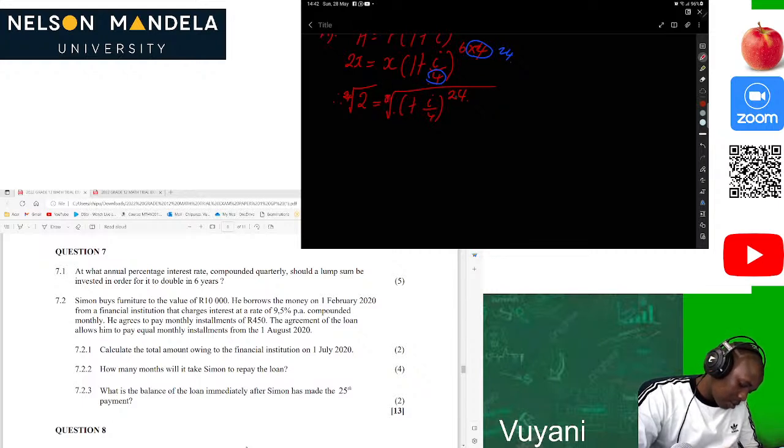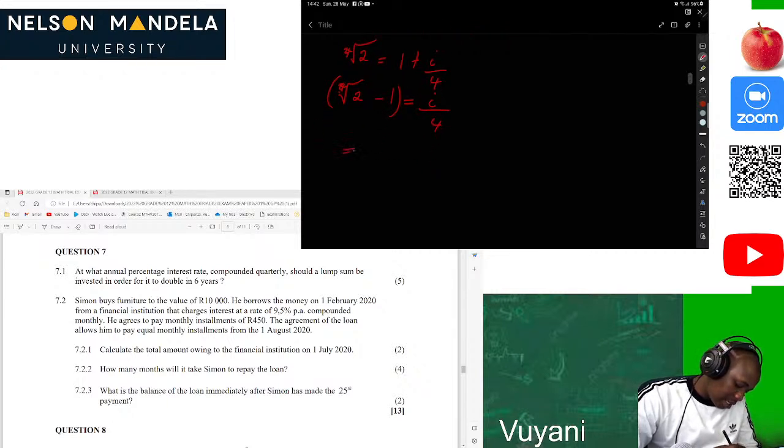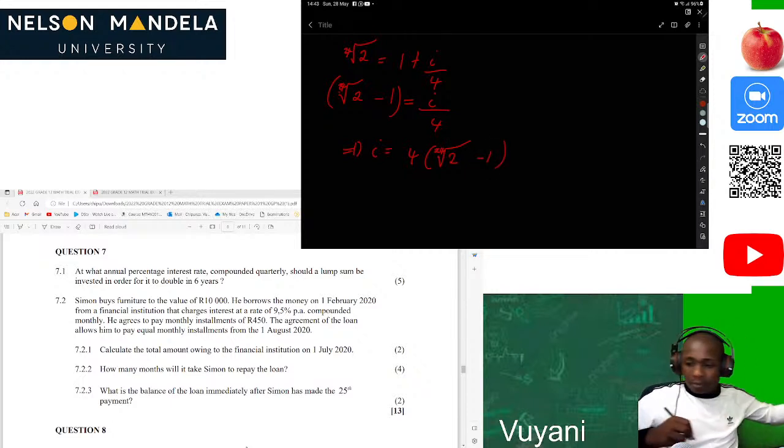Then we have 2 to the power 1 over 24 is equal to 1 plus I over 4. Then 2 to the power 1 over 24 minus 1 is equal to I over 4. Then we cross multiply, so our I will be 4 times (2 to the power 1 over 24 minus 1).